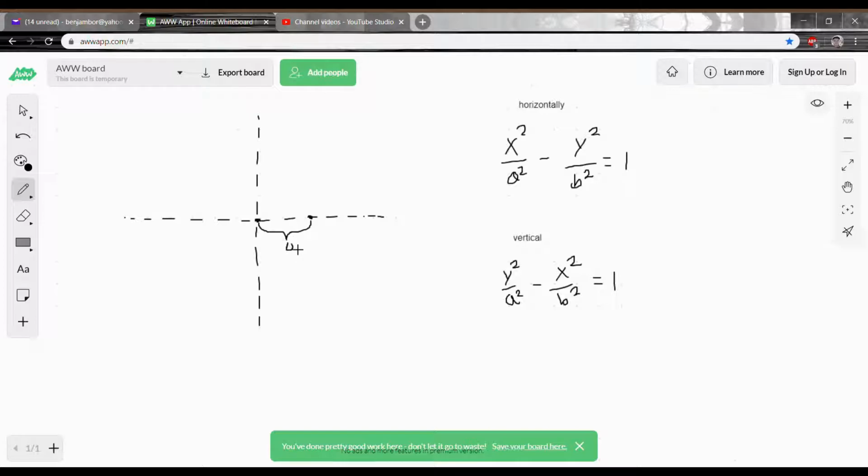So this distance here is going to be our a value, and then the b value is going to be this one right here.